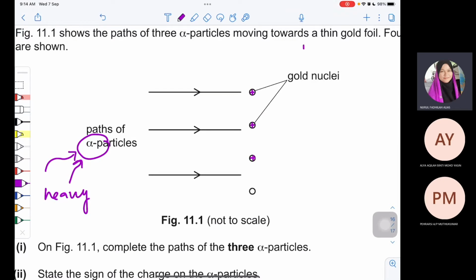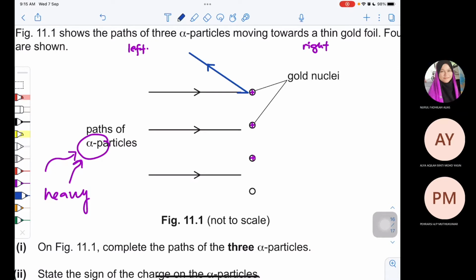Okay, ni katalah ni right hand side, ini left hand side of the paper. Jadi you akan draw, you answer one of them. Macam ni lah. Ke depan. And dia reflected. Lagi middle. Mungkinlah dia ada ke bawah sikit.